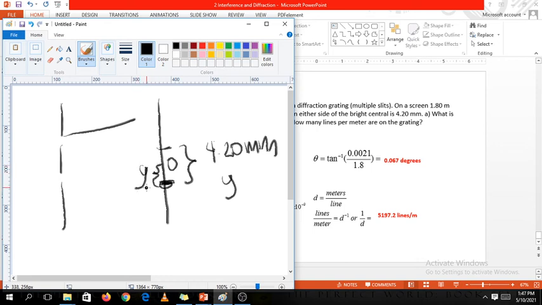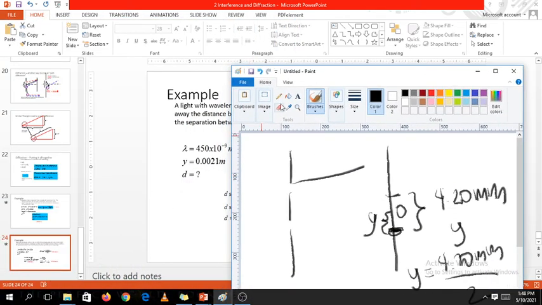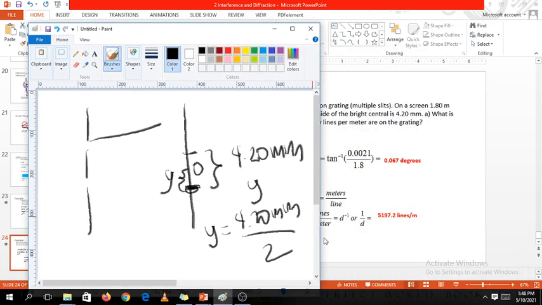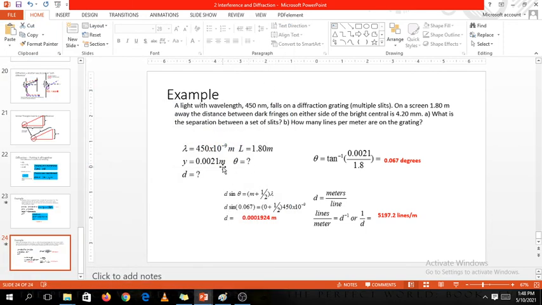So y must be 1/2 of 4.20 millimeters, divided by 2. That's why we get a y of 2.10 millimeters. Converted to meters, that's 0.0021 meters. Okay? So that's why that is your y.